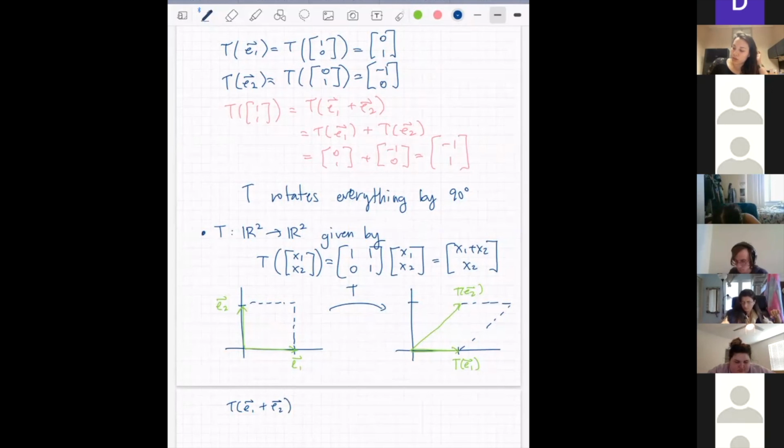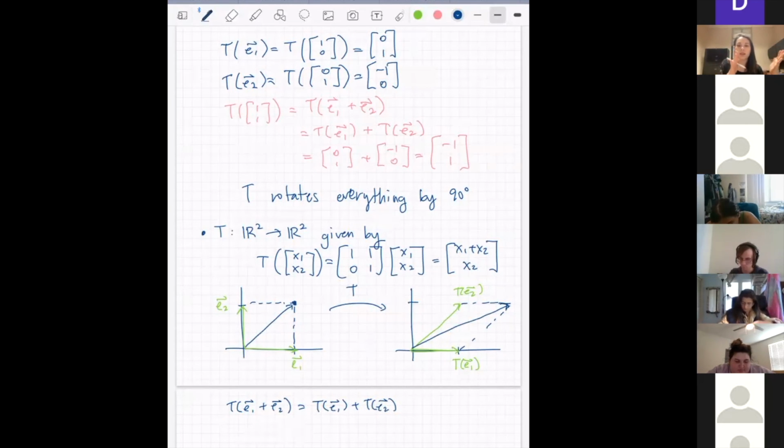E1 plus E2 would give us the vector right here. This should be equal to T of E1 plus T of E2, which is the vector right here, if we think about vector addition geometrically, right? Okay, so we get a parallelogram.